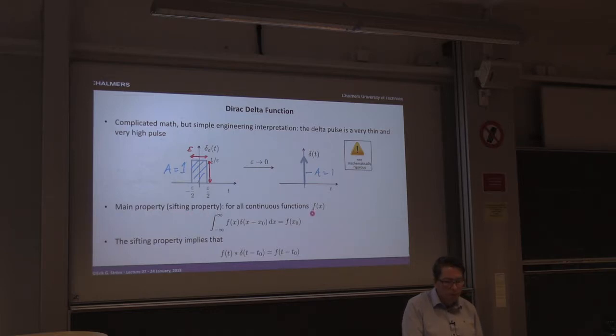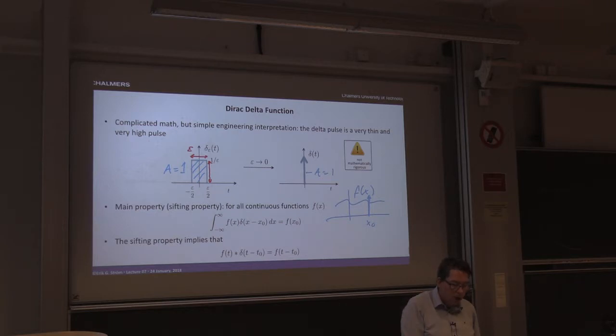So if we have some nice function f of x here, which is not discontinuous, just something we can draw, right? So f of x, I don't know, something like that. And then if we take f of x and we multiply that with the delta function, which is centered around x0, maybe around x0 like this. So we have our delta function here.